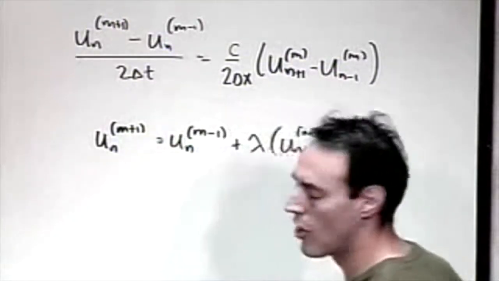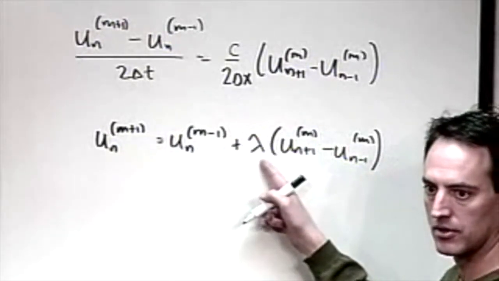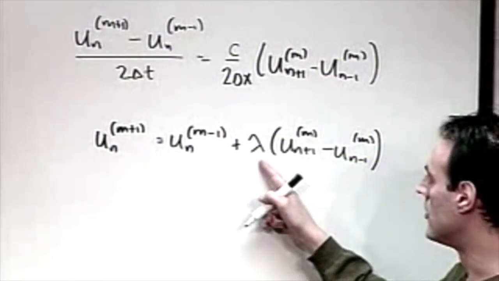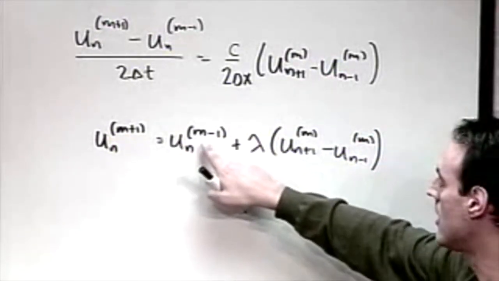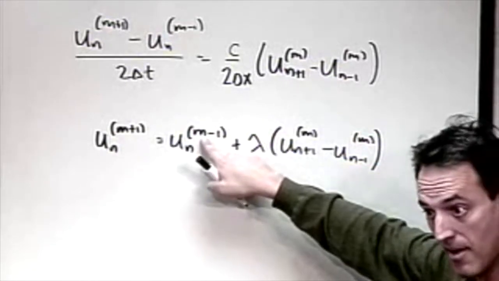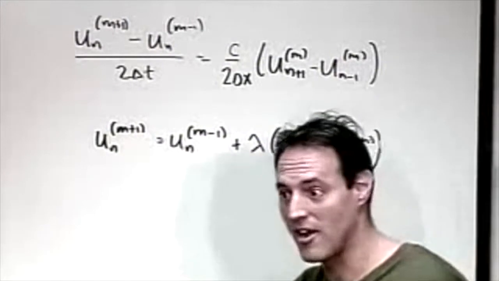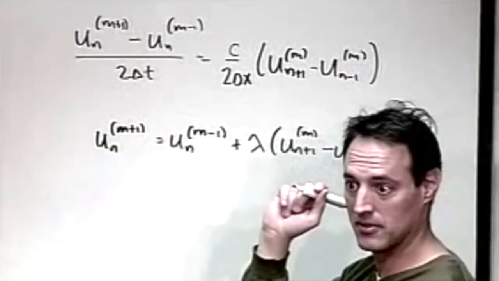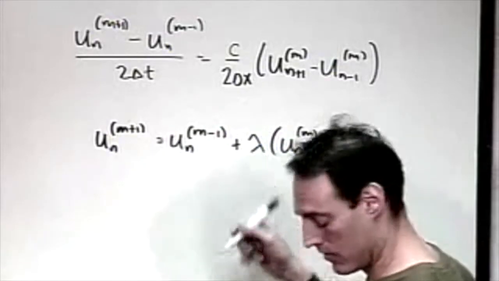Now, this is almost exactly what we had before. Lambda is still the CFL number, exactly as we had it before. The only difference is this. Here, before we had u of n evaluated at time m, not time m minus 1. This is using not the current time, but one time in the past. And there was a lambda over 2 over here.